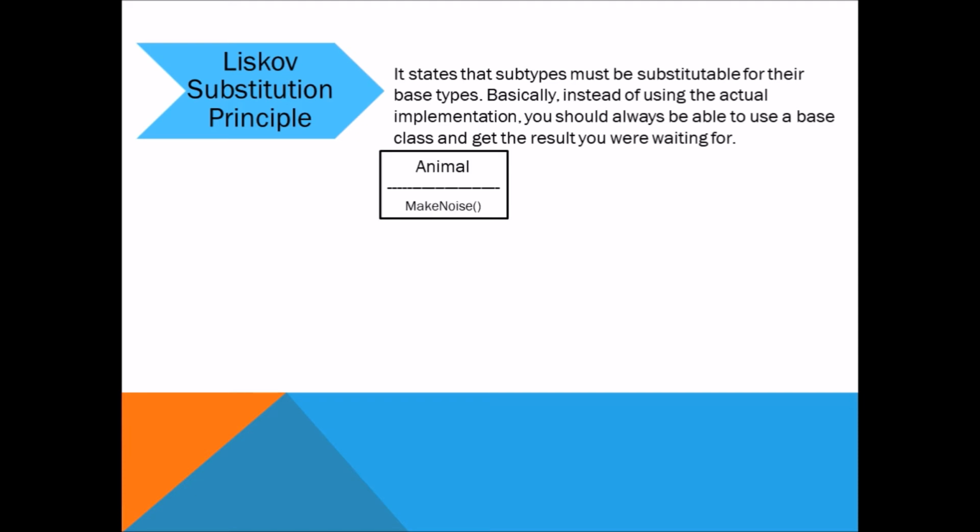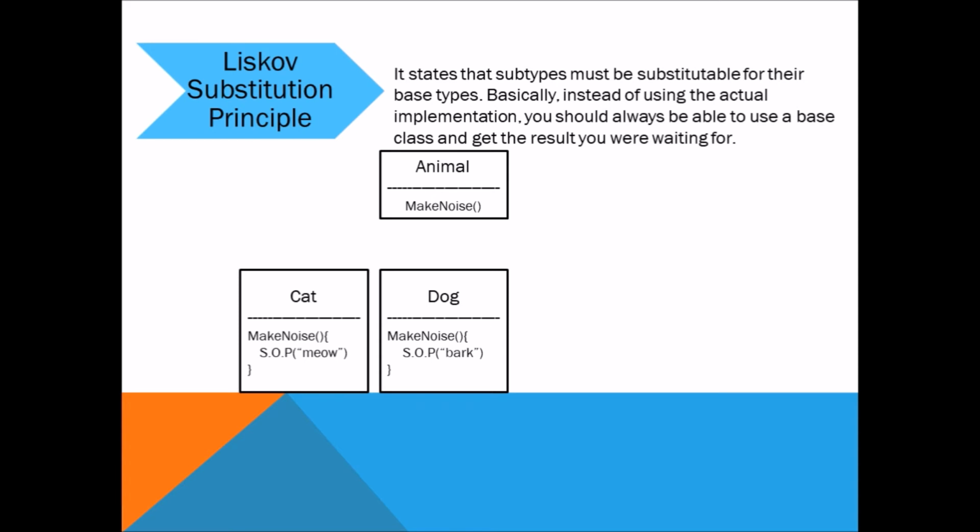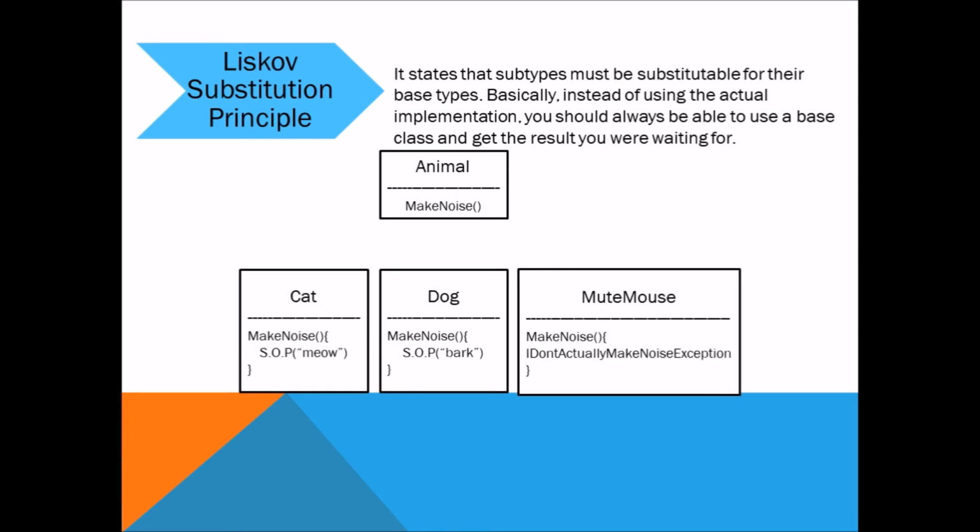There is a parent class Animal, which makes noise, and child class Cat, which also makes noise, Dog, which makes noise, but there is a mute Mouse, which doesn't make noise but throws an exception. So Liskov's principle says that there cannot be a mute mouse which doesn't make any noise.